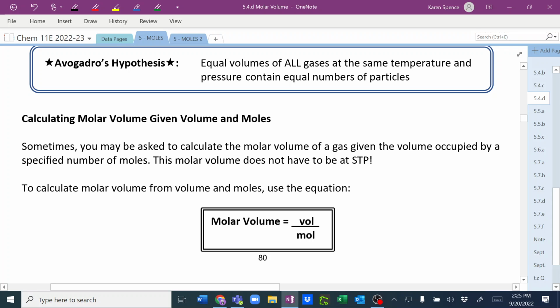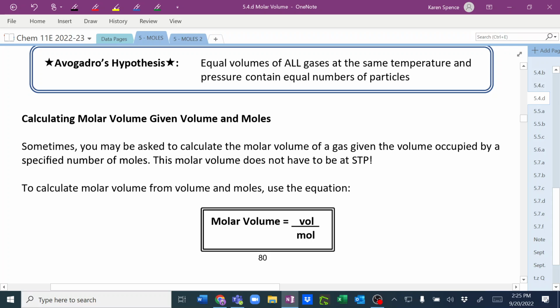Calculating molar volume, super easy. Just like calculating molar mass, except instead of mass, you're going to use volume. Because like we said, the molar volume does not have to be at STP.